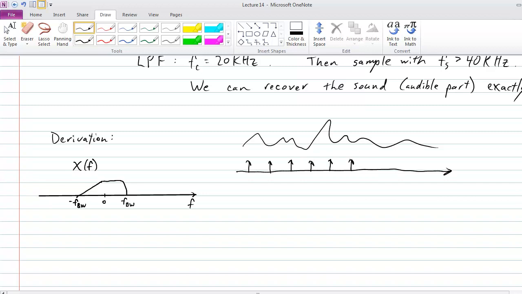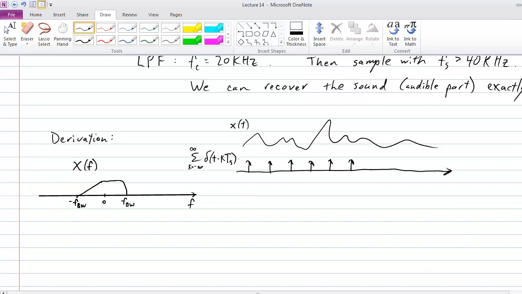This delta train here, where this is x of t, and the delta train is the sum for k equals negative infinity to infinity of delta of t minus k times the sampling period, Ts. Here, Ts is 1 over the sampling frequency.